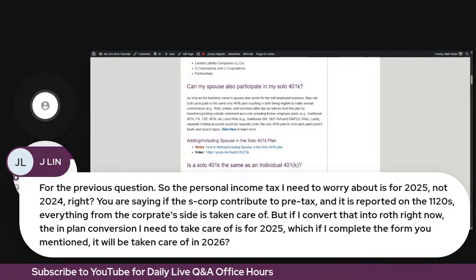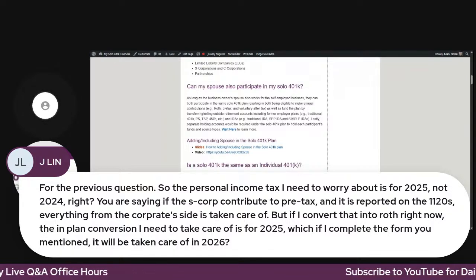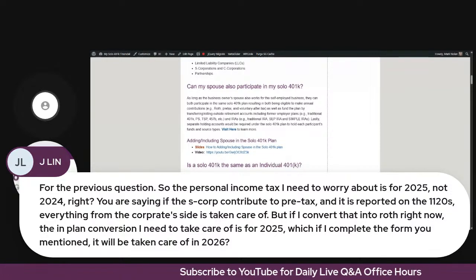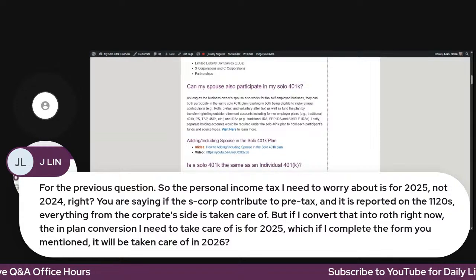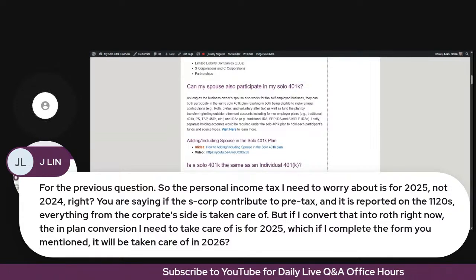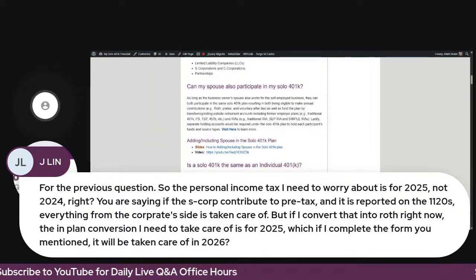So if you decide to make an employer pre-tax profit sharing contribution to the solo 401k for tax year 2024, because your self-employed business is an S corporation, you would base that contribution on your W-2 wages from tax year 2024, because you're seeking to make a contribution for tax year 2024.